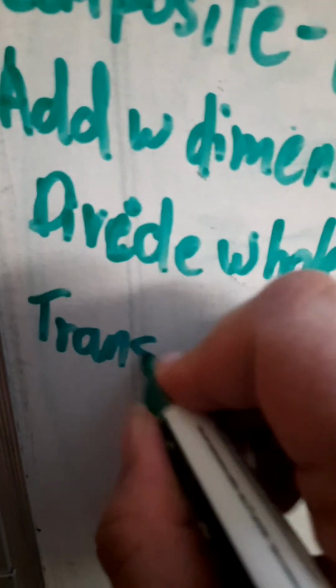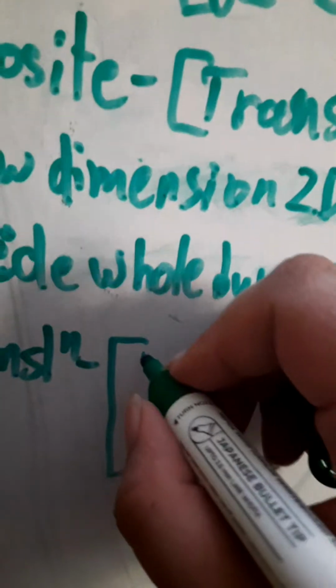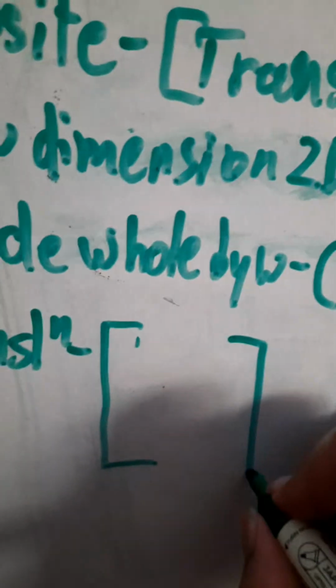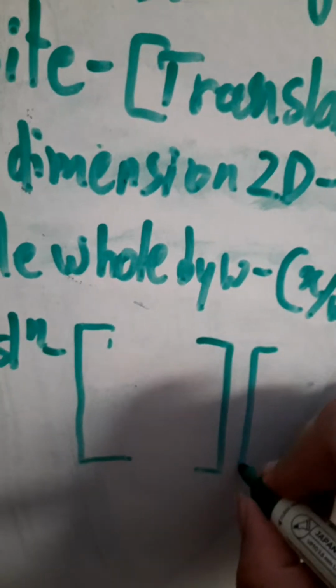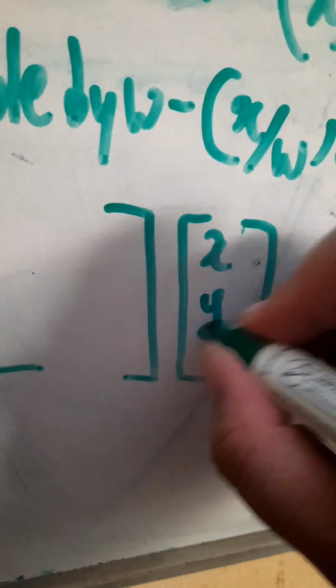Now my translation becomes, so the only defective thing was this, so I corrected it. Let's apply this on 2D translation.